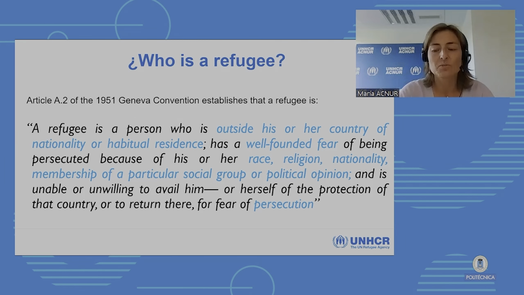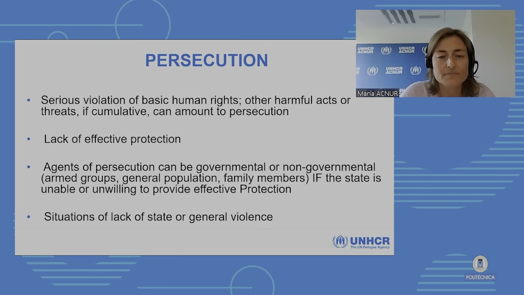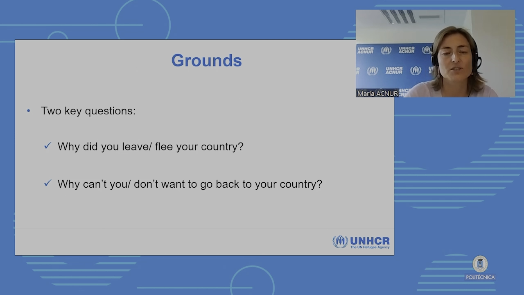So that brings me to the two key questions that we have to ask a person when that person claims to be a refugee or asks for international protection when arriving into a country. Why did you leave or flee your country? What was the trigger for you to leave? Were you persecuted? Were you at risk? And why can't you go back to your country?